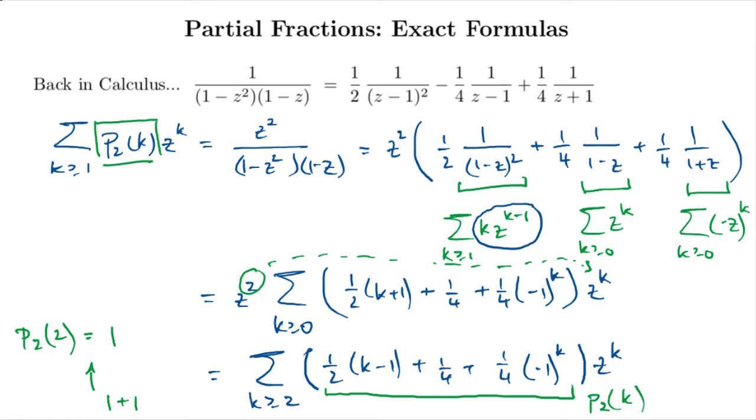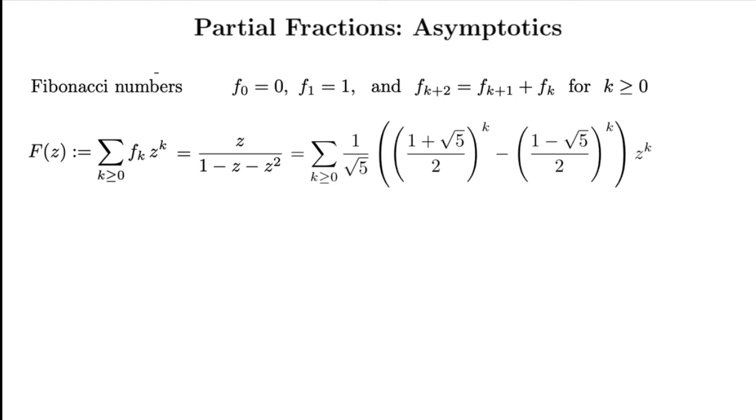I wanted to show you one other example that's in the book. In fact, it's in section 1.1 where we talked about Fibonacci numbers. We did a partial fraction expansion there, so I encourage you to look at that. So here's the result.